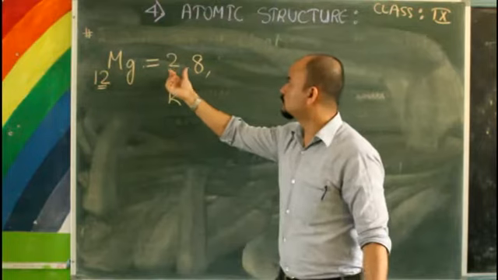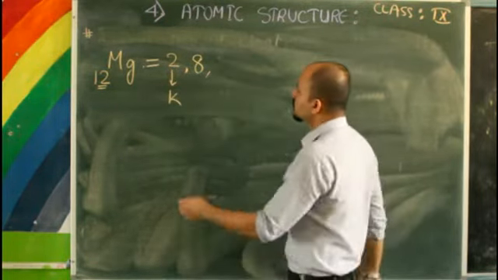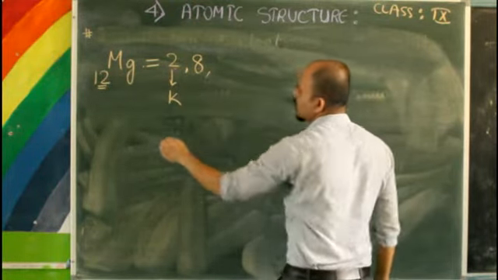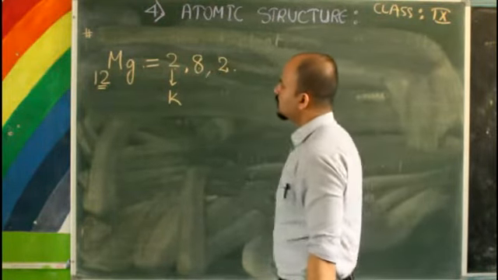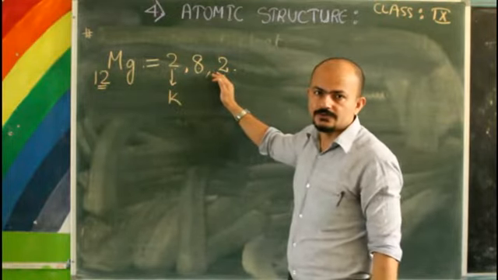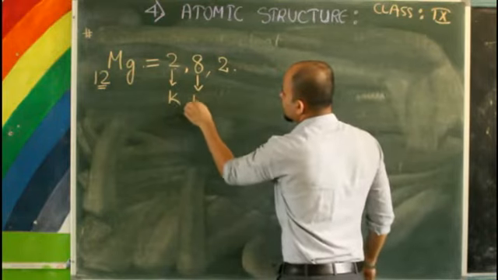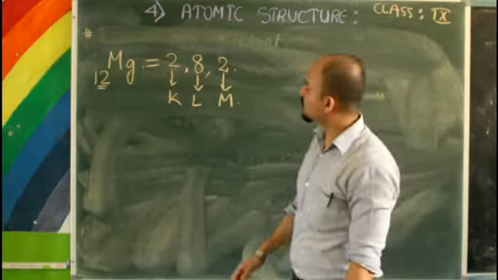So I have written 2, 8. The next cell will have how many electrons? 12 minus 10 is how many? 2. Therefore, the last cell, which is the outermost cell for magnesium, will have 2 electrons. So this is the K cell, this is your L cell, and this is your M cell.